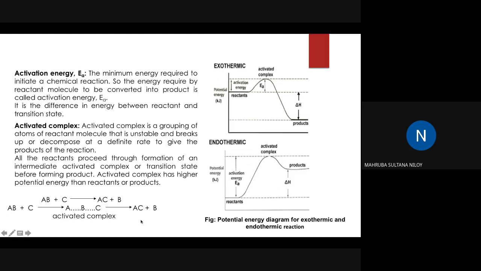And the final product is A and C. So this bond, first we need to break down, okay? So to break down this bond, we need energy. Is it clear?